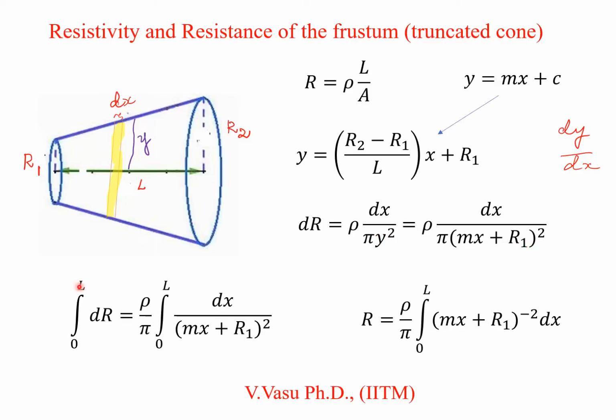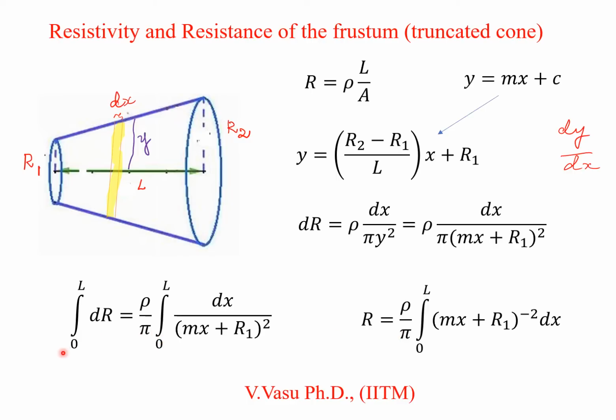Now integrate both the left-hand side and the right-hand side. Here rho over pi is a constant, then dx over (mx plus R1) whole squared.